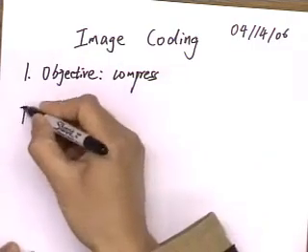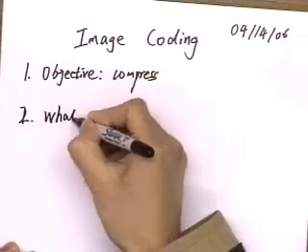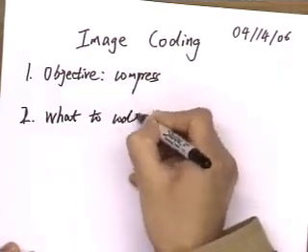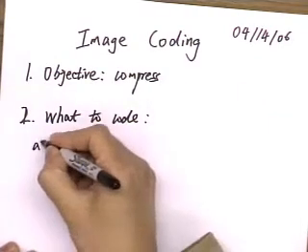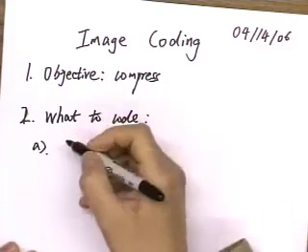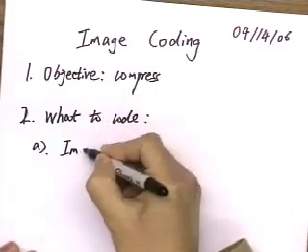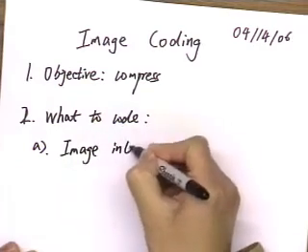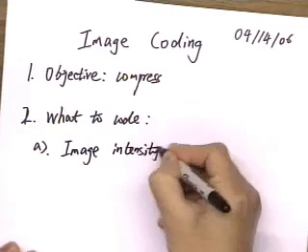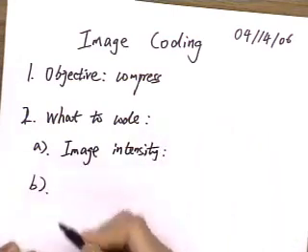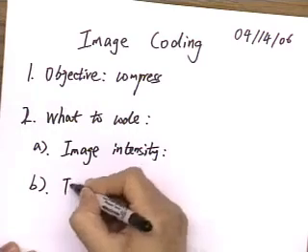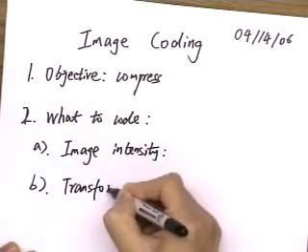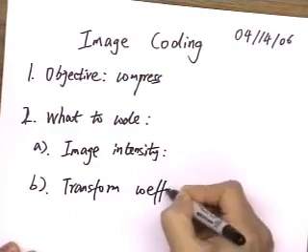The first one: we want to know what we would code for an image. Basically there are several possibilities. The first one is that we could just code the image directly, which means that we could code the image intensity directly, like the pixel value. The more popular approach is that we first do a transform for the image, and then we code the transform coefficients.